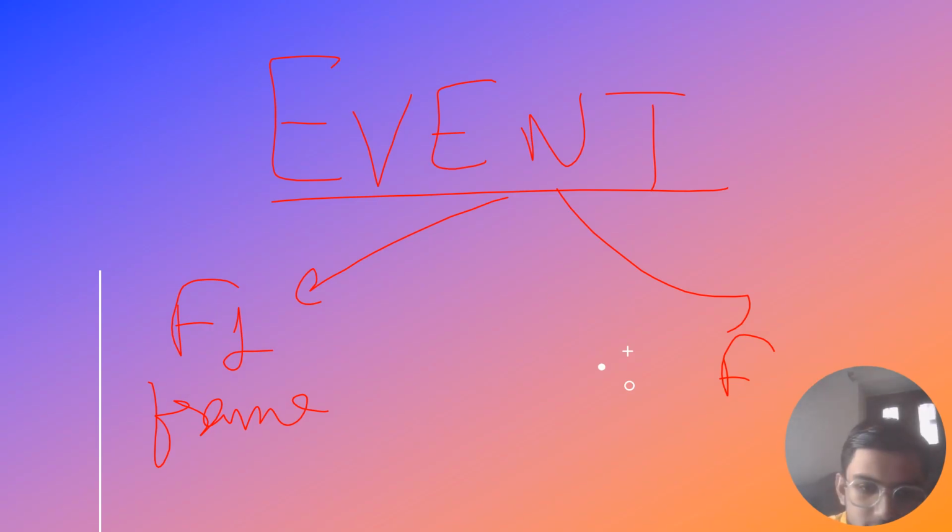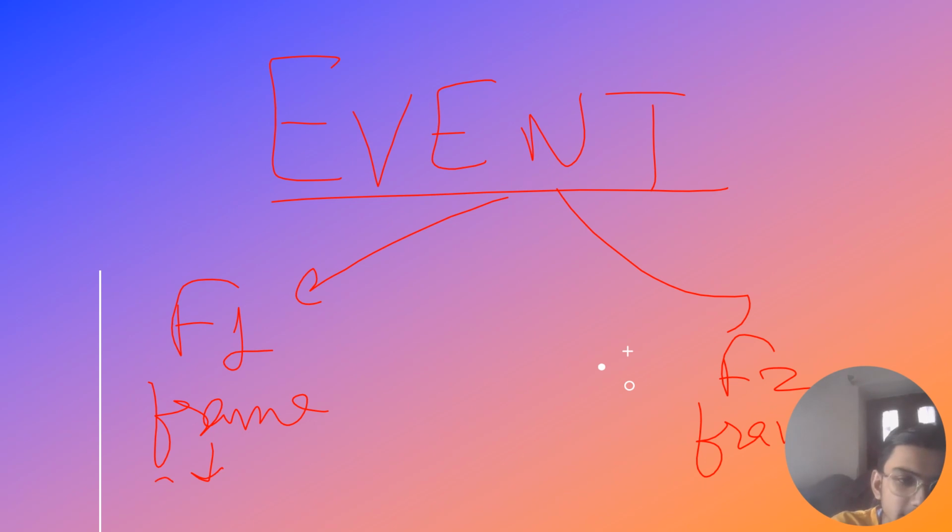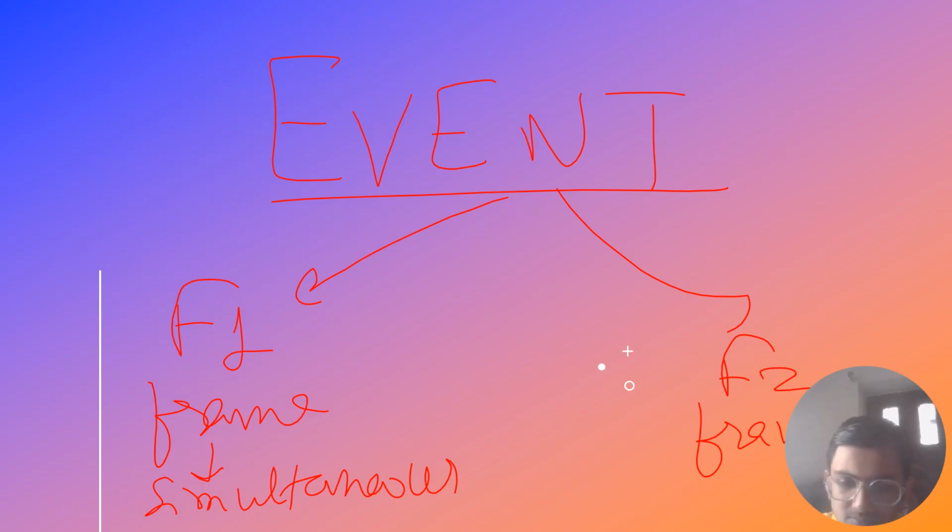We have the f1 frame and the f2 frame, and the same event is simultaneous here in f1. We'll discuss it through a very famous example. But suppose in frame 2 it is non-simultaneous, so it is possible. That is what the topic is, the relativity of simultaneity of events.